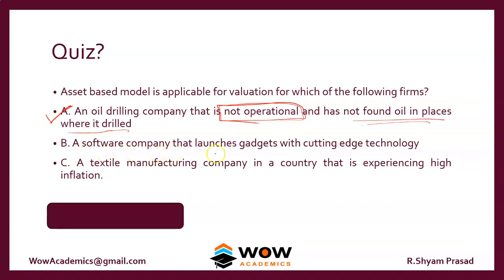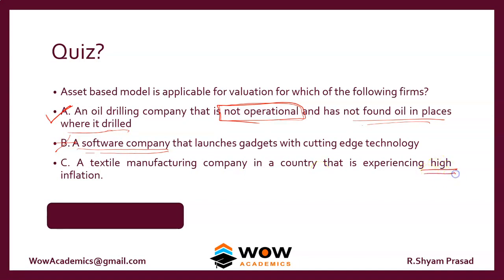A software company that launches gadgets with cutting edge technology. So a software company has a lot of intangible assets. So for a company which has more intangible assets, the net asset method is not the right method. A textile manufacturing company in a country that is experiencing high inflation.